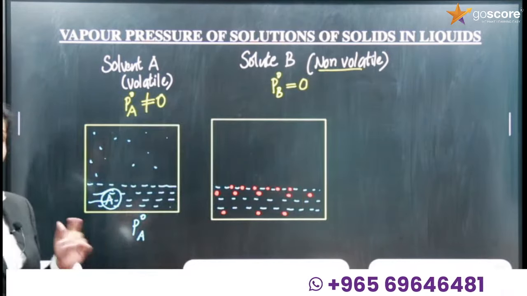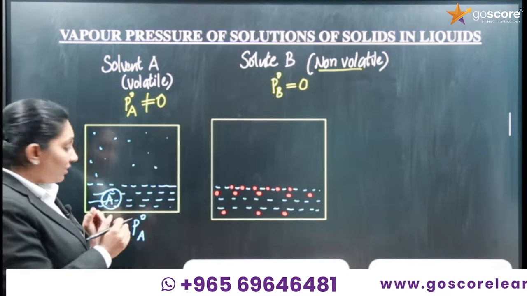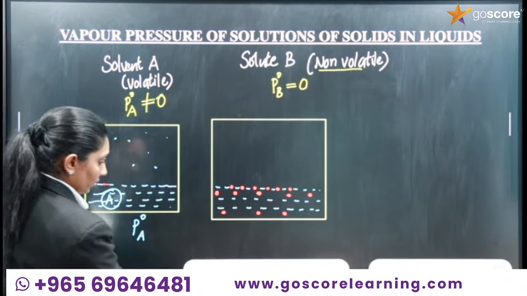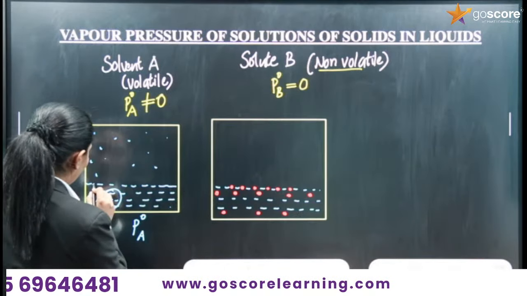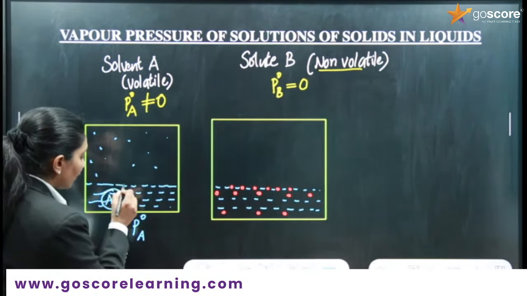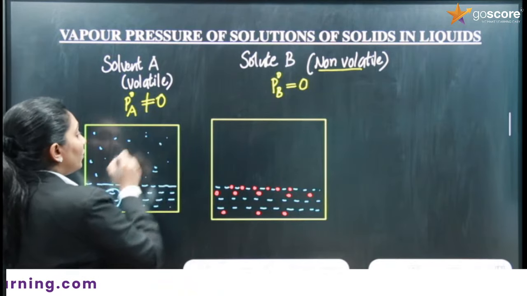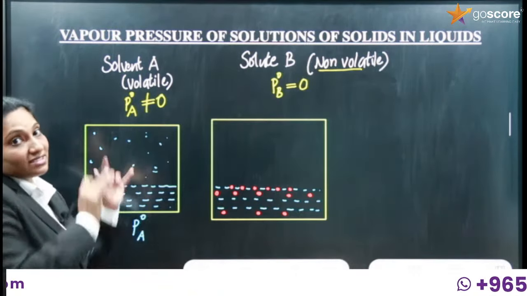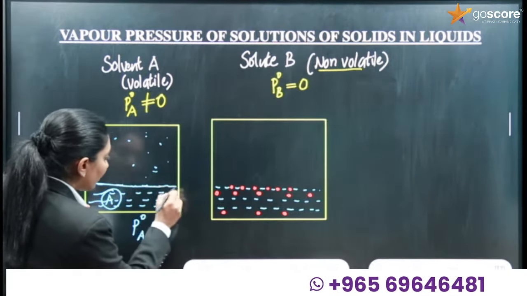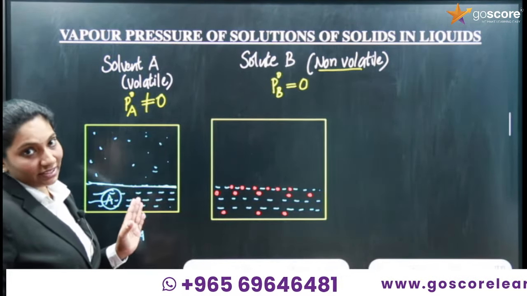Now see, for the pure solvent, the surface particles are escaping from the surface and going into the vapor phase, and they exert pressure there, right? Here this much of the surface is free for the solvent to form vapors, isn't it?